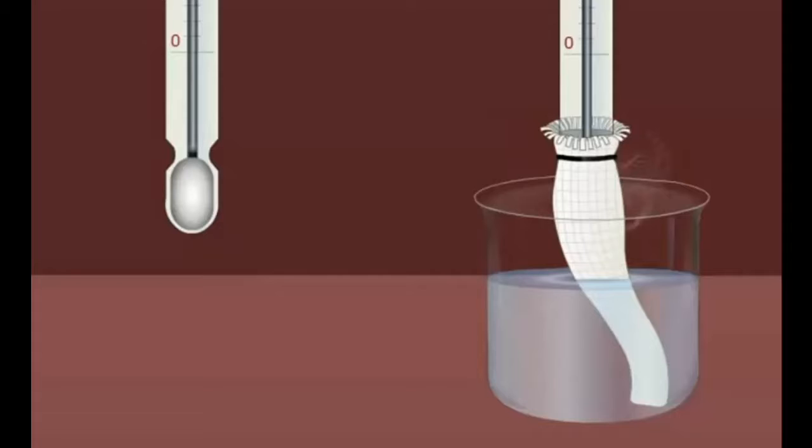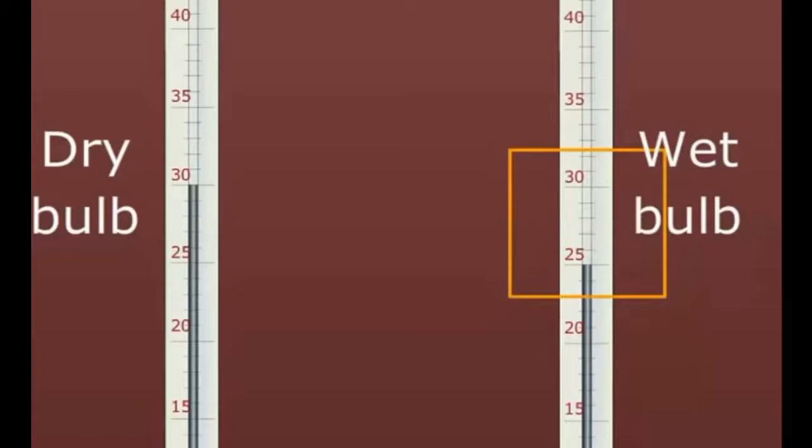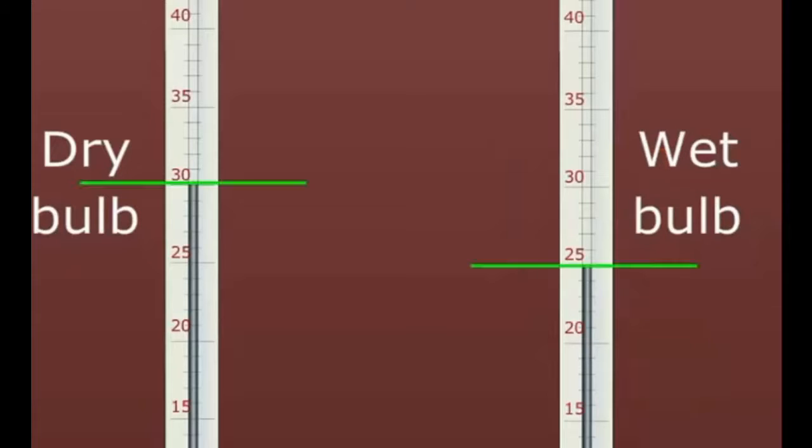Evaporation of water from the muslin bag decreases the temperature level in the wet bulb thermometer. So the temperature reading in the wet bulb thermometer will be lower than the dry bulb thermometer.